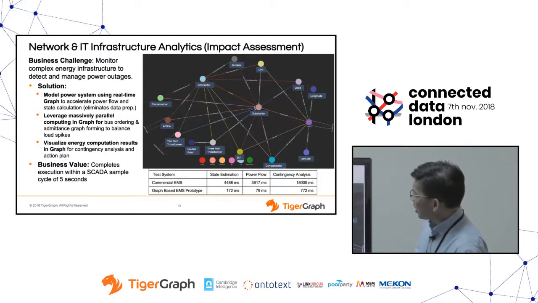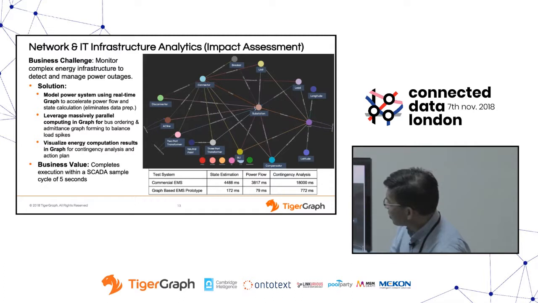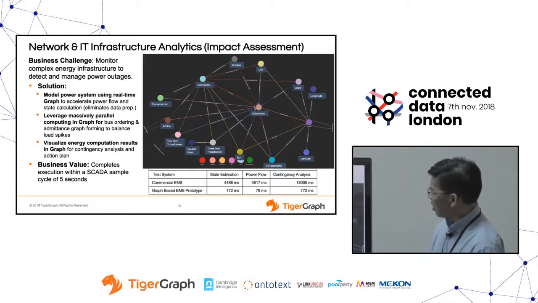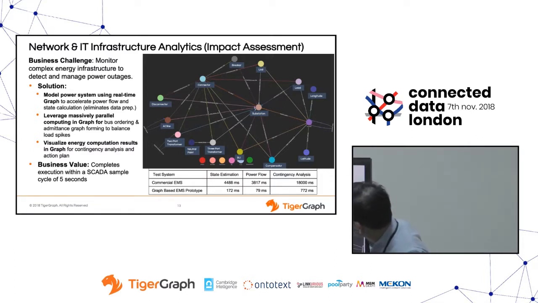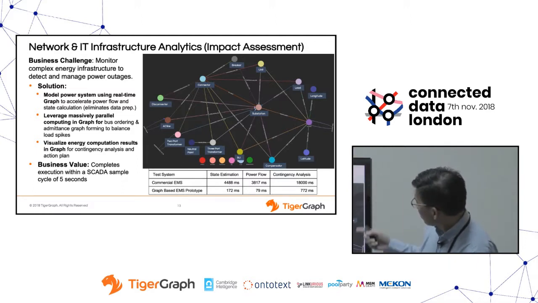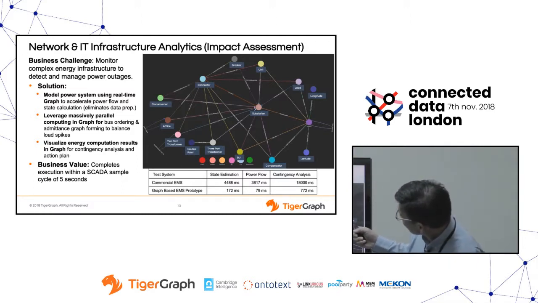This is another application, network and IT infrastructure. This is actually a large US bank that we've been working with for well over a year. Sorry, this one is a utility.